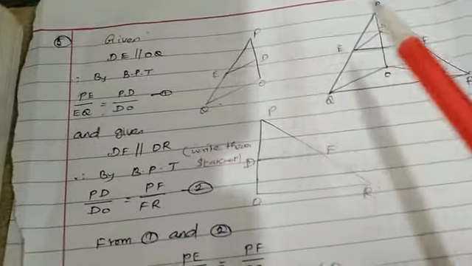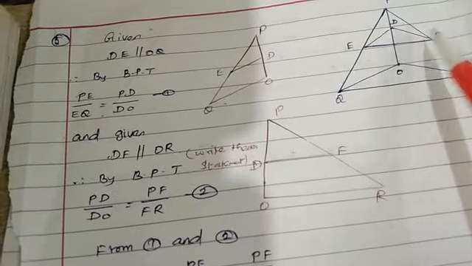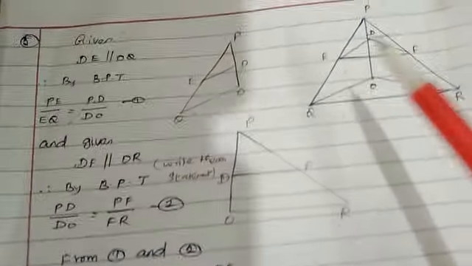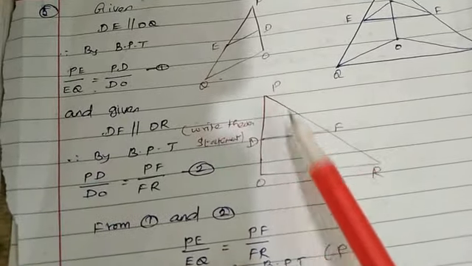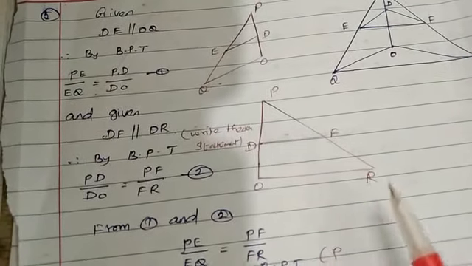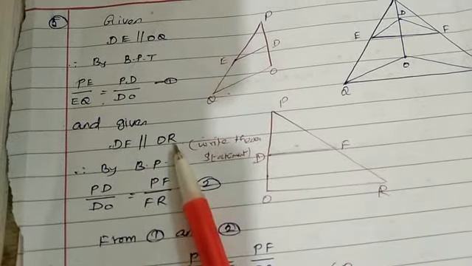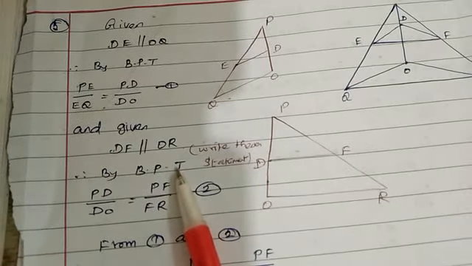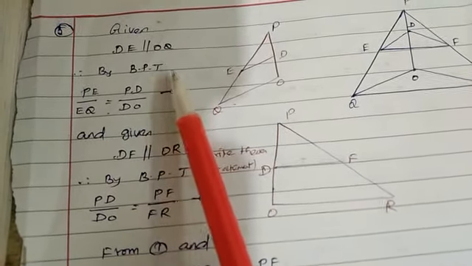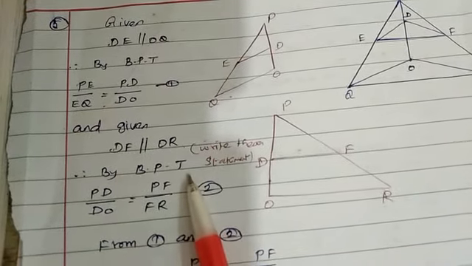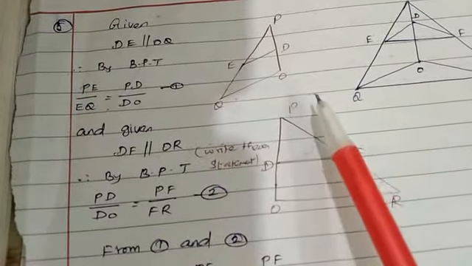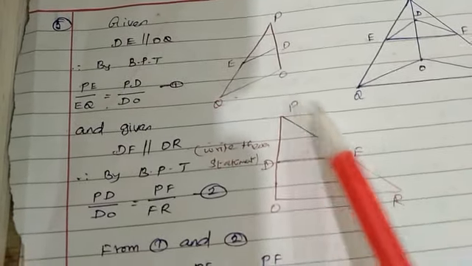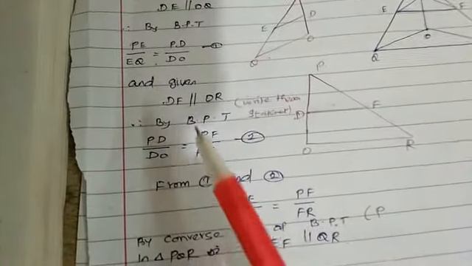And the next one, given DF parallel to OR, so in the triangle POR, DF is a parallel line. The same way, by basic proportionality theorem, just write your statement here. We can write PD divided by DO equal to PF divided by FR. So compare these two things.